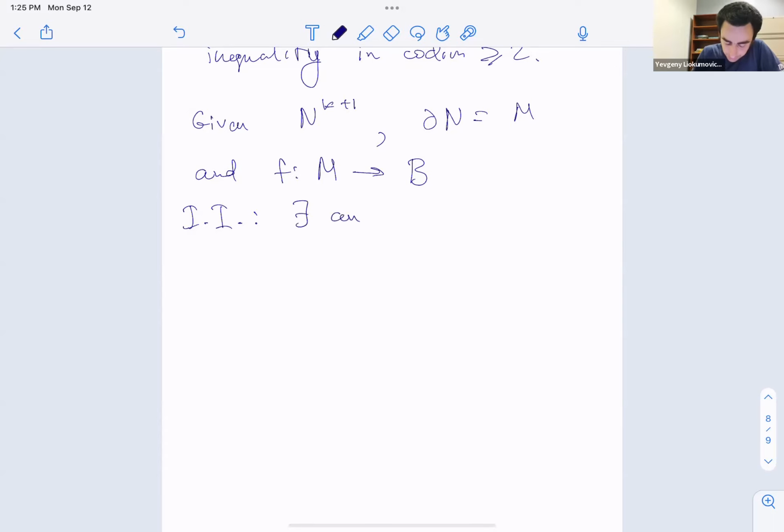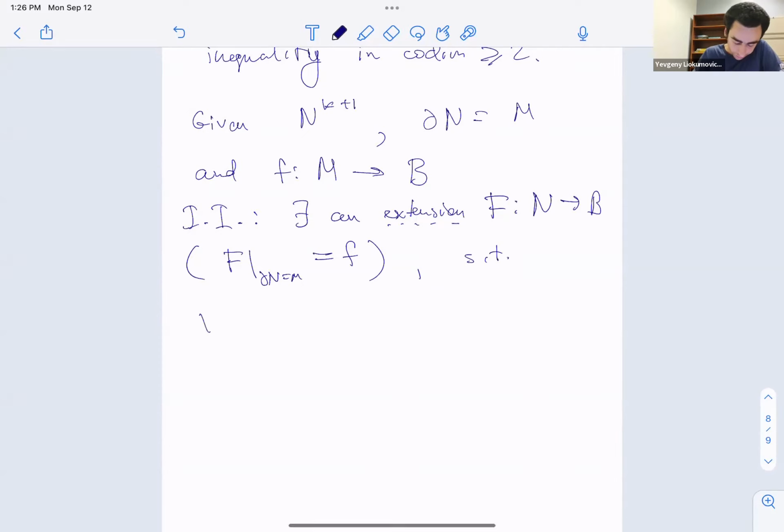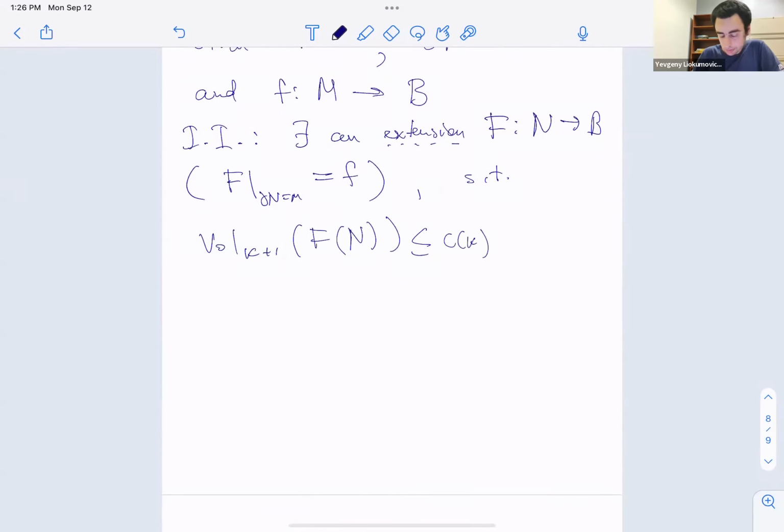There exists an extension F from N into B, and extension here means that the restriction of F to the boundary of N, which is M, is equal to f, such that the k+1 dimensional volume of the image of this extension is controlled by a constant that depends only on k times the k-dimensional volume of f(M) to the power (k+1)/k.